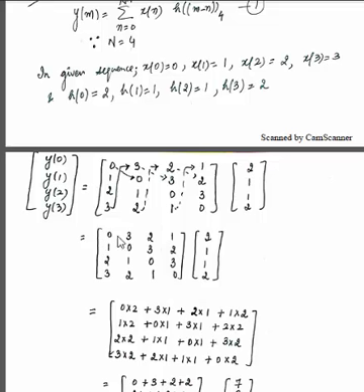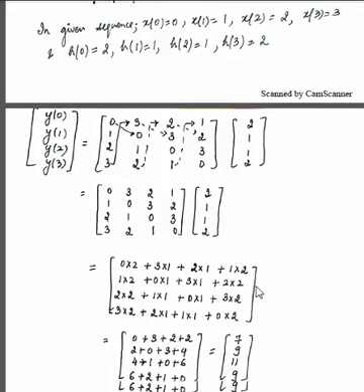Now we have to solve this matrix by taking the first row and this column, that is 0 into 2, 3 into 1, 2 into 1, 1 into 2, and then the second row and this column, multiplying element by element, then the third row and this column, and similarly the fourth row and this column.